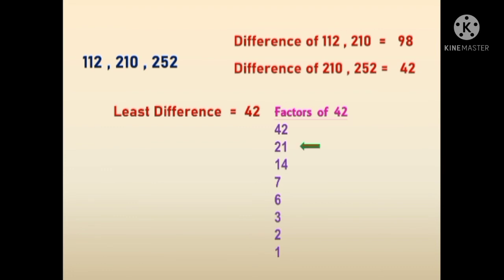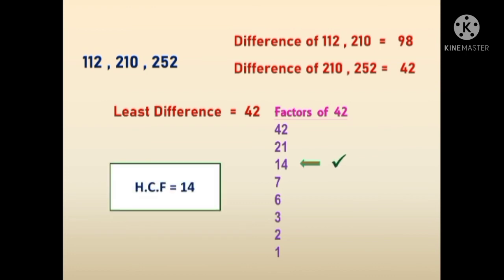In case of 21, the number 112 is not divided by 21. So let us skip 21 and move on to the next factor 14. So this is the process. If one factor does not divide the question, we shall move on to the next factor. So in case of 14, the numbers 112, 210 and 252 are divided by 14. So the HCF for the numbers 112, 210 and 252 is 14.